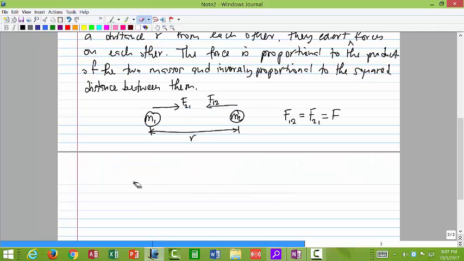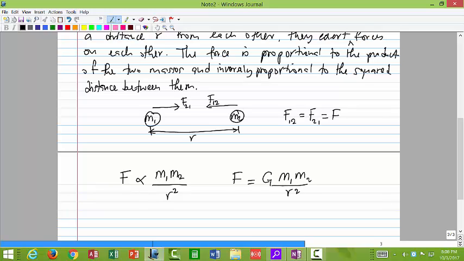So we're saying that the force F is proportional to the product of the masses and inversely proportional to their squared distance apart. We can remove the constant of proportionality by putting in a certain constant. Let's just call it G, and multiply m1 m2 divided by r squared.